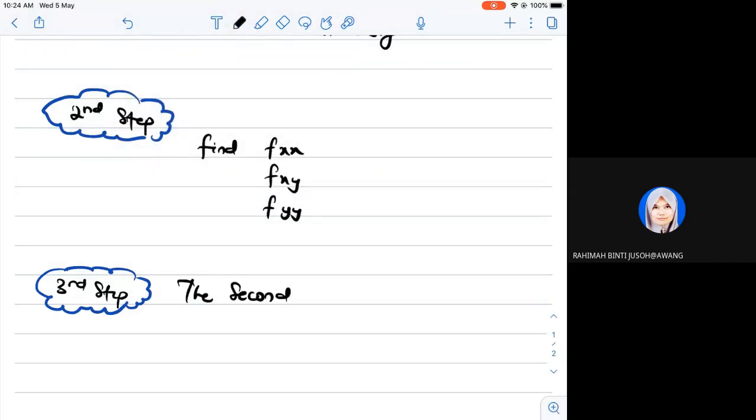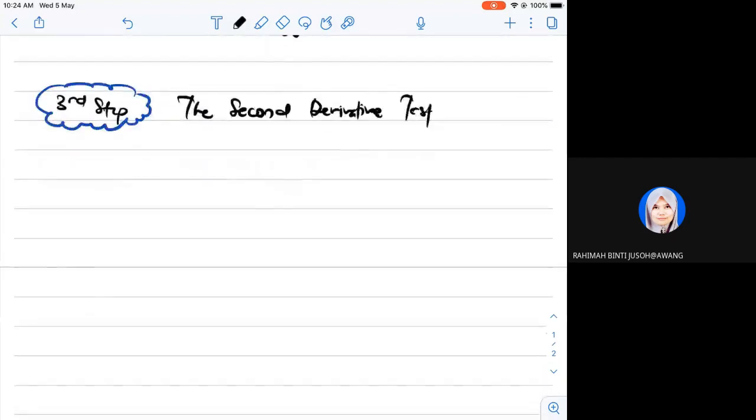The second derivative test. Okay, we have D, denoted as D, equals fxx multiply with fyy minus fxy squared.